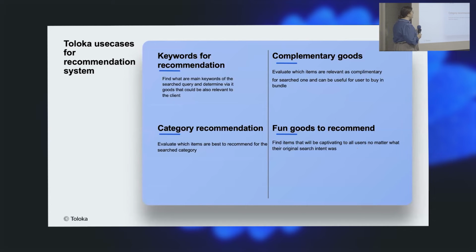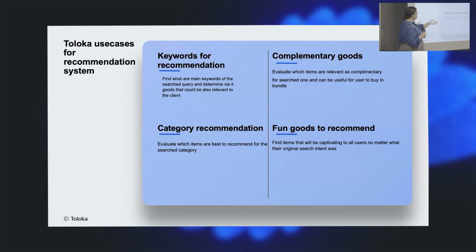So, for example, if you know that your user is looking for some hairspray for oily hair, you know that the keyword here is oily, and everything that you will show him later will recommend him something with this keyword.